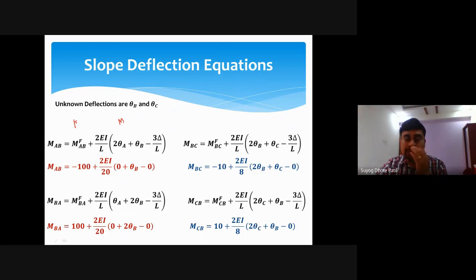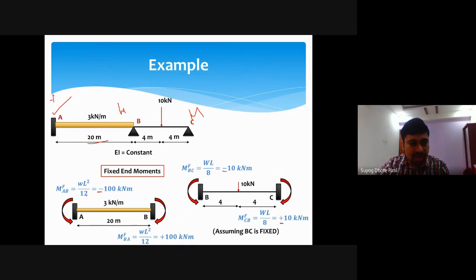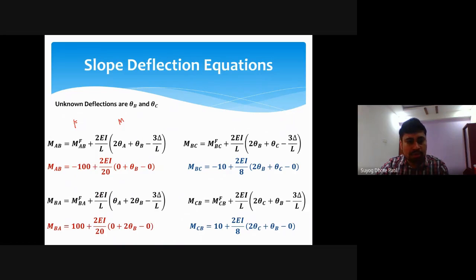So now MAB will be MFAB, which is minus 100, so minus 100, plus 2EI by L, where L is 20, into 2 theta A plus theta B minus 3 delta by L. Now in this case, only theta B is present; the others are 0.